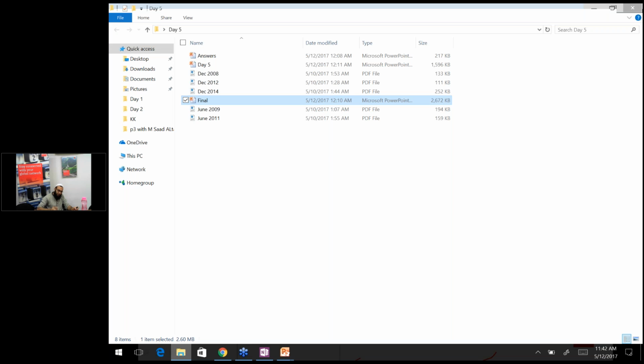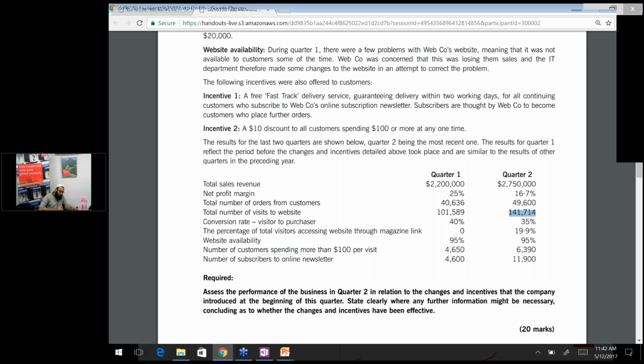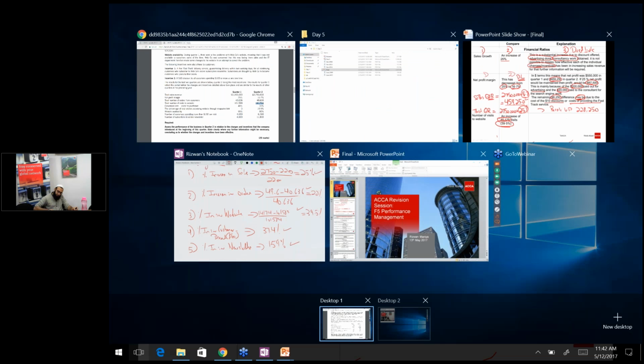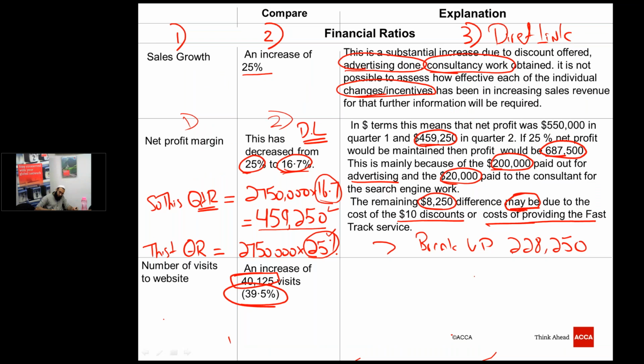So let's do it. 141,714 multiplied by 0.199, which tells us that 28,201 came through the magazine link.